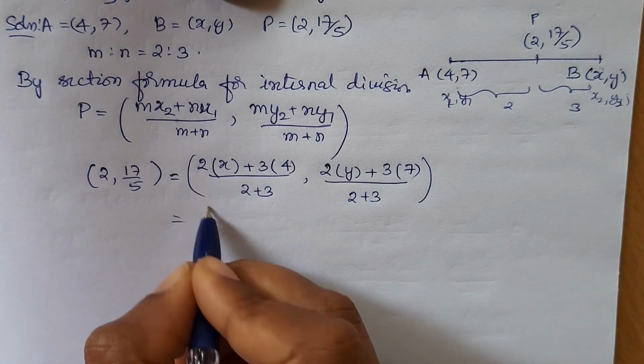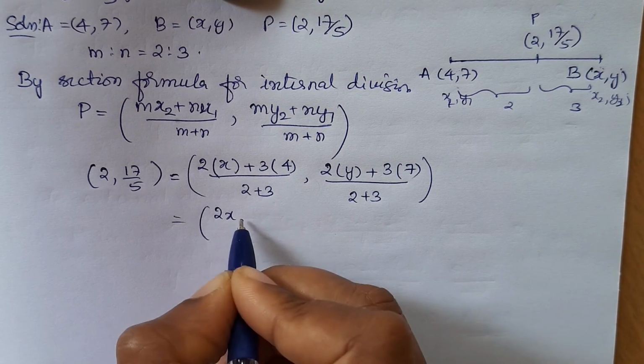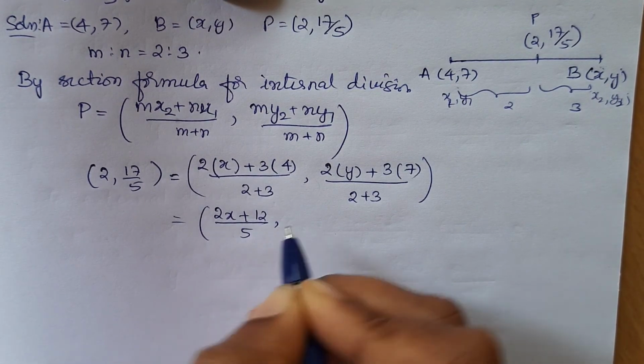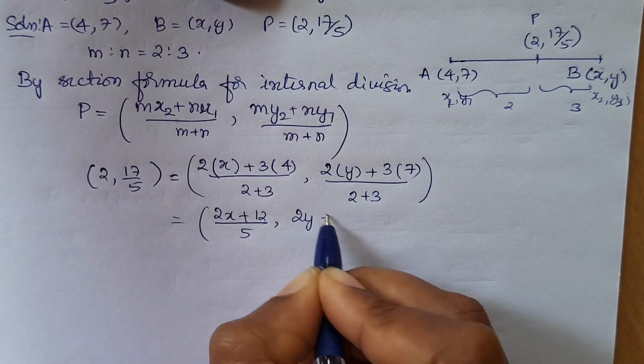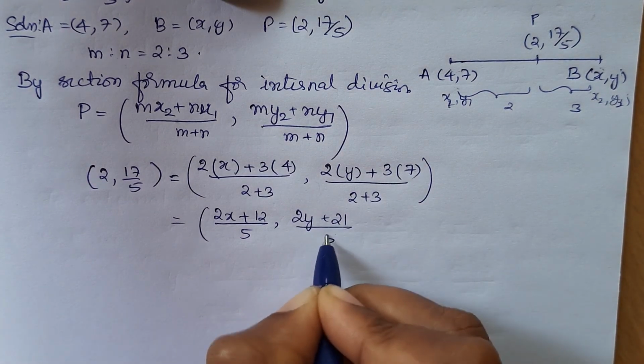Okay. Simplify. 2 into x, 2x, plus 4 3s are 12, divided by 3 plus 2 is 5. This is 2y plus 7 3s are 21, divided by 5.